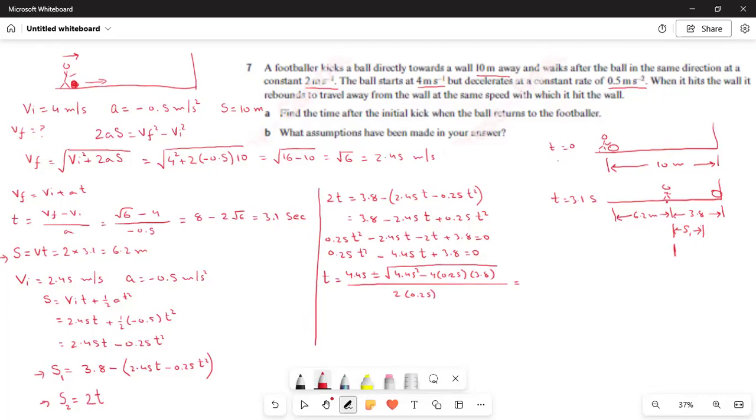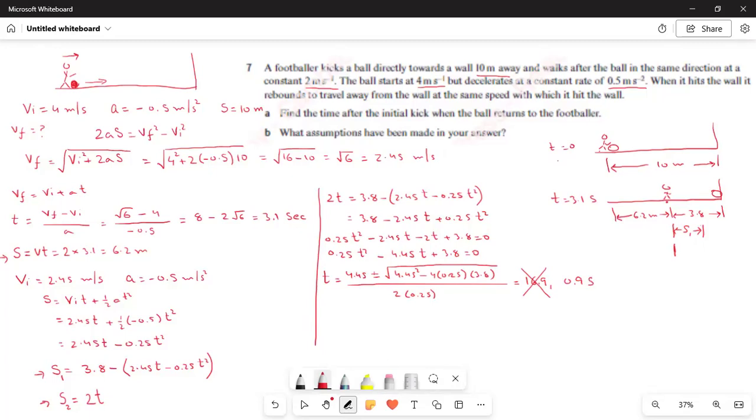Okay, this gives us two values: 16.9 seconds, and the other answer is 0.9 seconds. You can see that it takes 3.1 seconds to reach over here, so for the next time, 16.9 doesn't look likely. We can prove that this is not correct, but just using common sense, this is not likely.